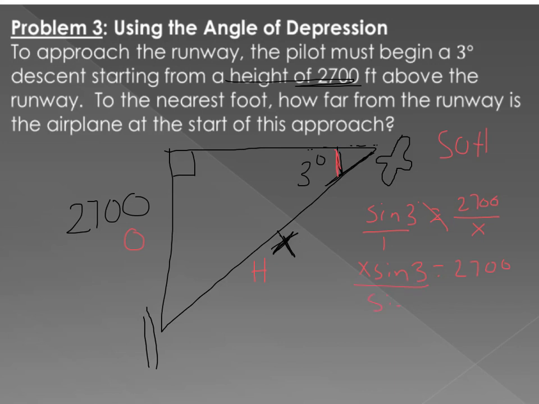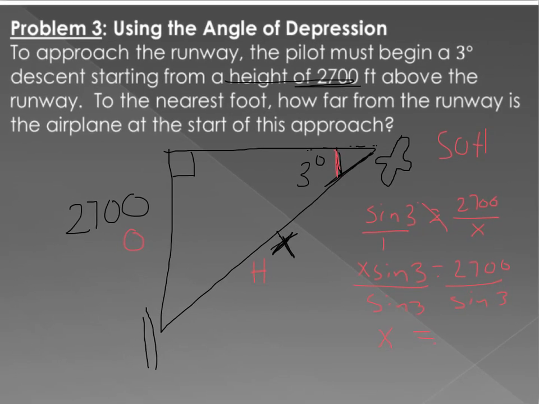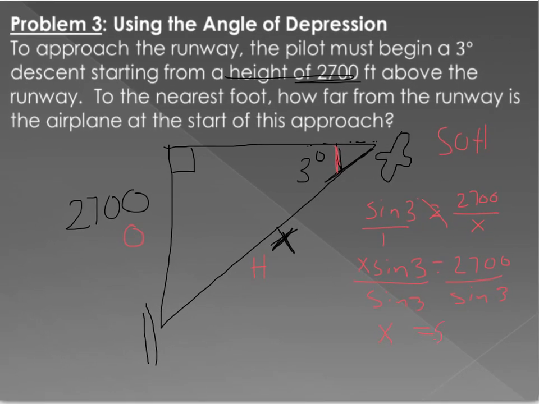I have to divide by sine of 3 on both sides of the equation. So x is going to be equal to 51,590 feet, because my units were in feet. So that would be my final answer.